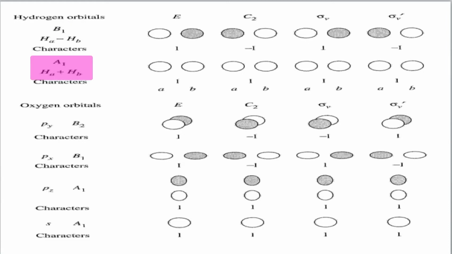See the other possibility, both wave functions are the same, and if I perform identity, no change, C2 no change, sigma xz no change, sigma yz no change. What does it mean? Which kind of irreducible representation is it? It is A1. Yes, the same irreducible representation as we obtained from the reducible representation. Means the reduction formula and this treatment both approaches are giving the same results.